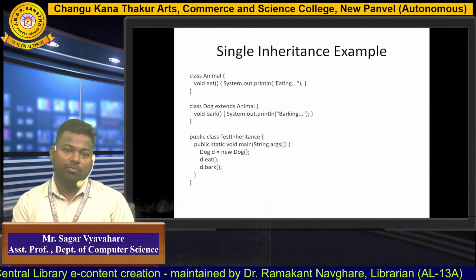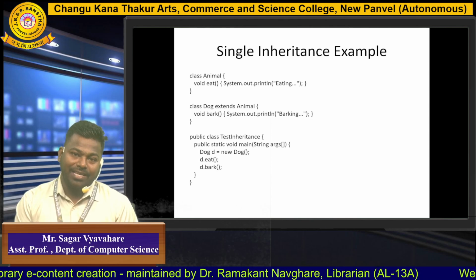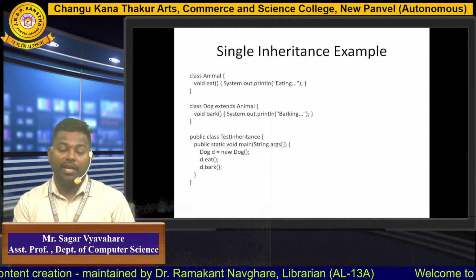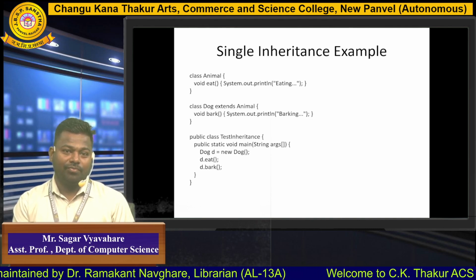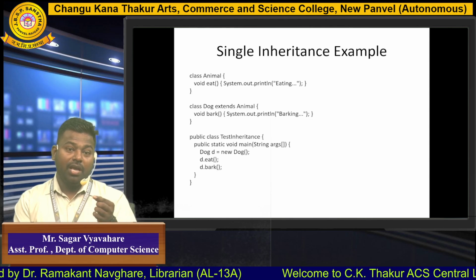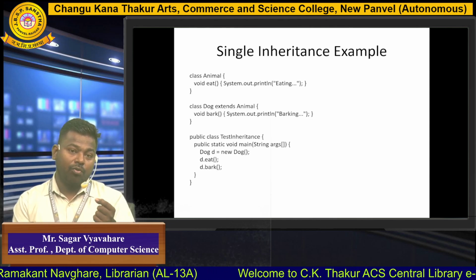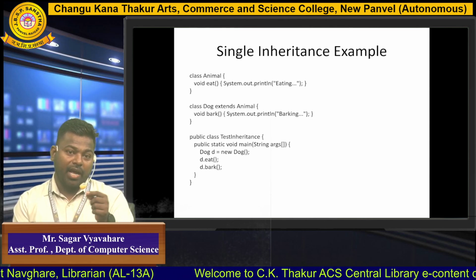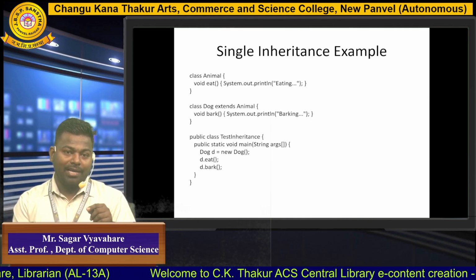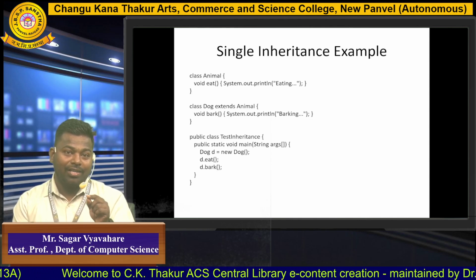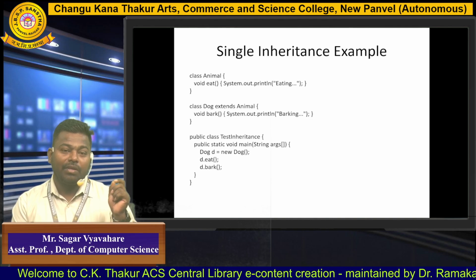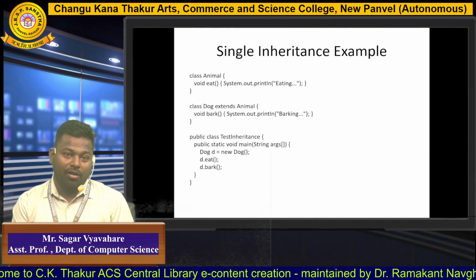There is one more main class, TestInheritance, in which we have created an object d of the Dog class. You can see object d can call the method eat and also bark. Bark is created inside Dog, but eat is not there in Dog.